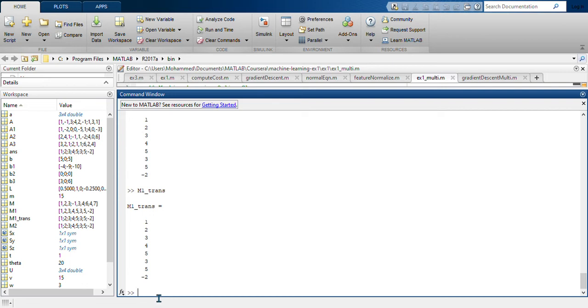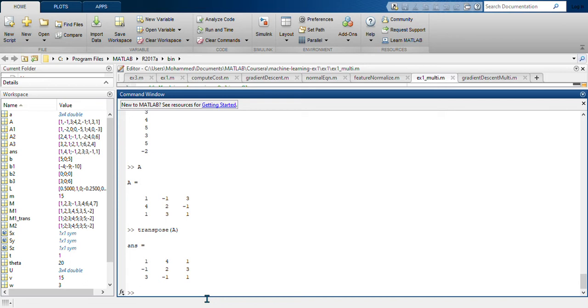Similarly, if we have our A matrix and I want to find its transpose, in place of m1 I will put A. So transpose of A will convert the rows into columns and columns into rows.